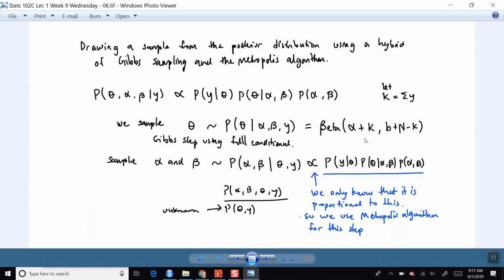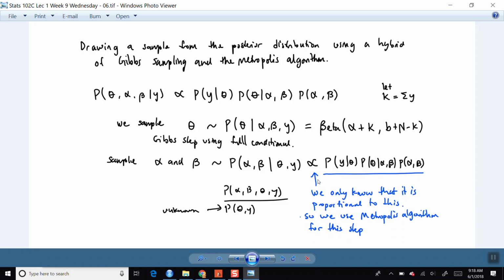Meanwhile, the full conditional distribution of alpha and beta is a little bit more complex. You can do the math and figure it out. It's possible. But one of the nice things about Monte Carlo methods is that when the math gets complex, you just say, well, let's use a Monte Carlo algorithm.